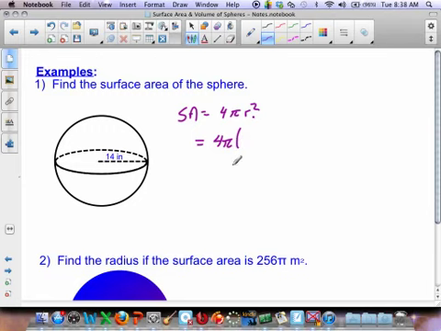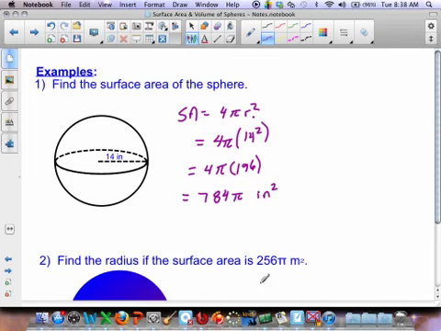So Keanu, what's my radius? 14, and it would be squared, you get 196. So that's 4 pi times 196. You give us 784 pi.